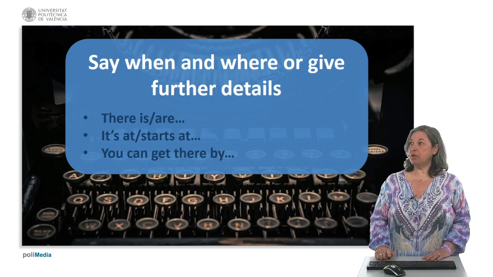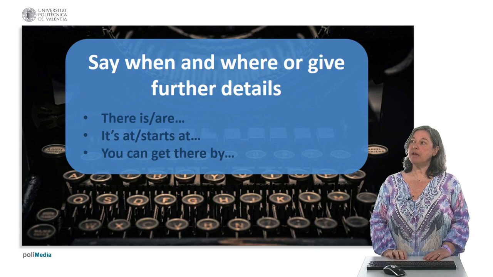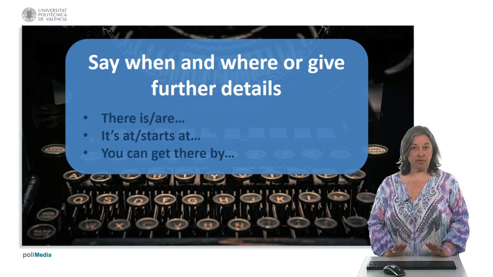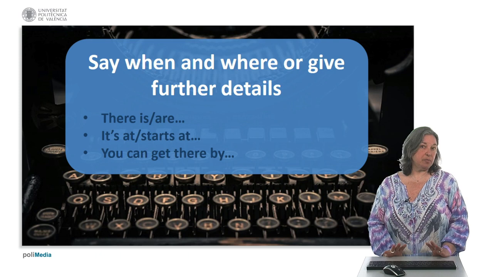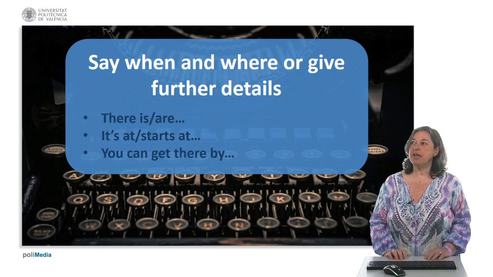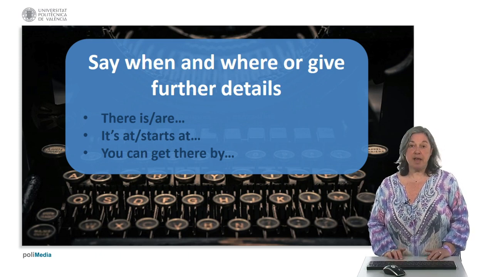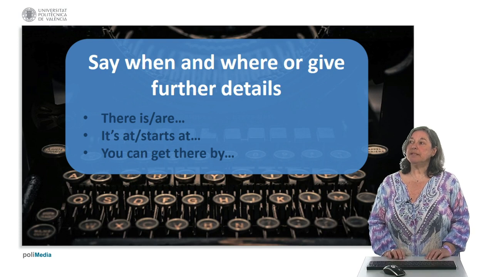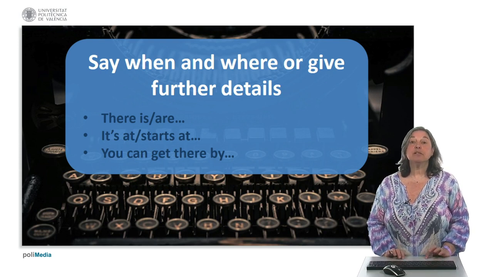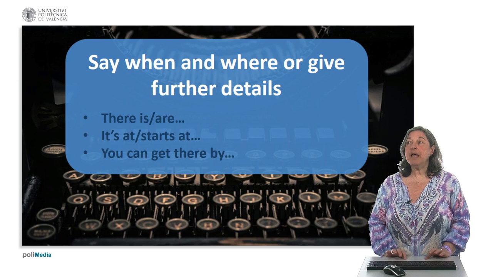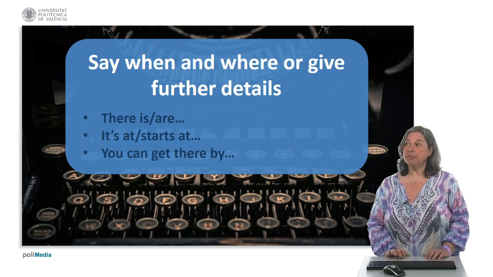We may also wish to say when and where or give further details, and we can use a number of expressions for this. There is, there are, it's at, it starts at, you can get there by.